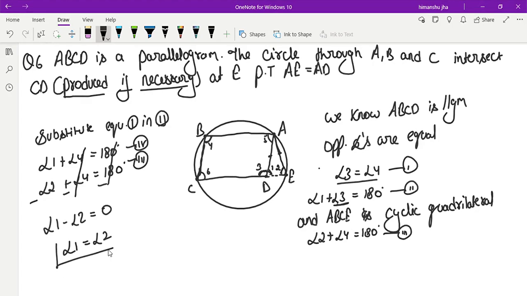And in triangle ADE, angle 1 is equal to angle 2.